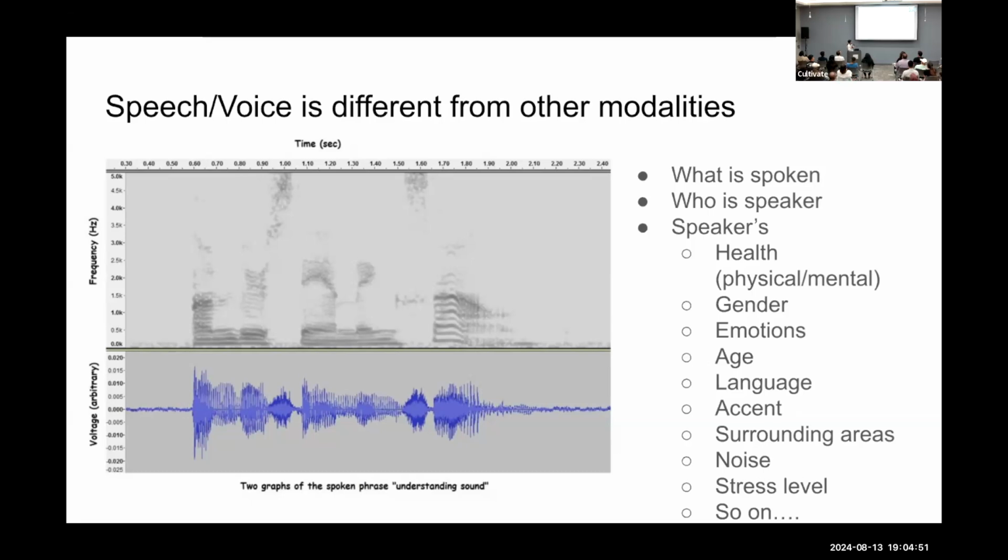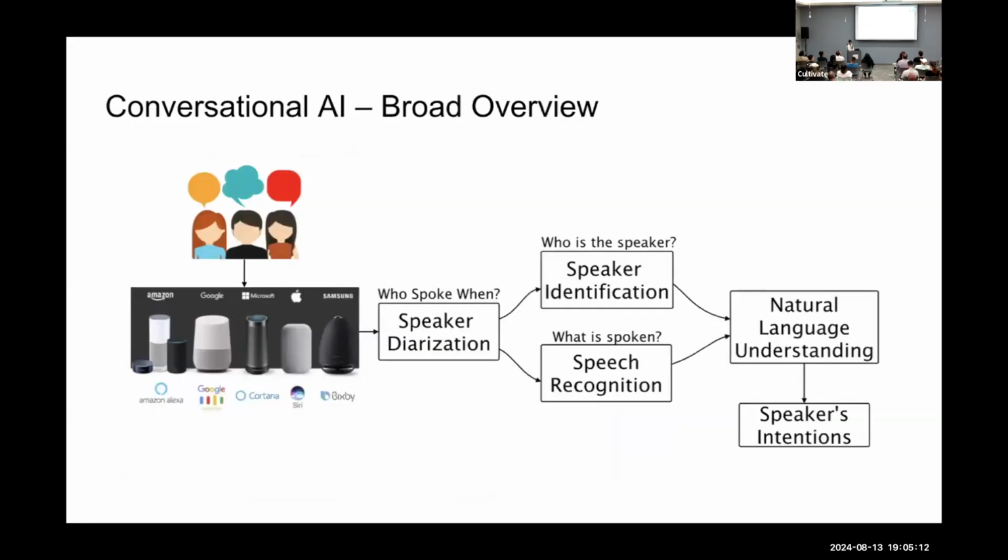Then you can identify gender, emotion, age, language, accent, whatnot. So this small piece of speech contains a lot of information. That's the reason it's a very complex signal. You can also estimate stress level, background noise, and many other things.